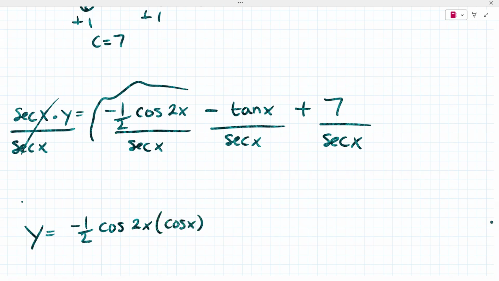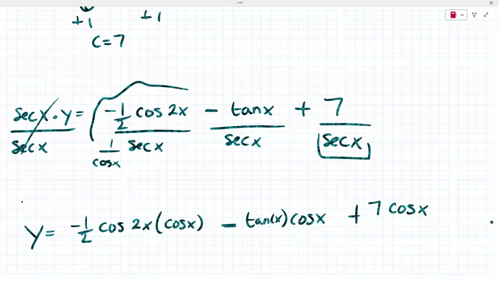I don't have to explain it. Secant of x is the same thing as 1 over cosine of x, and then complex fraction, etc. Minus tan of x over secant of x is the same thing as tan of x times cosine of x, plus 7 over secant of x, that's the same thing as 7 times cosine of x, right? Secant of x simplifies as cosine of x.